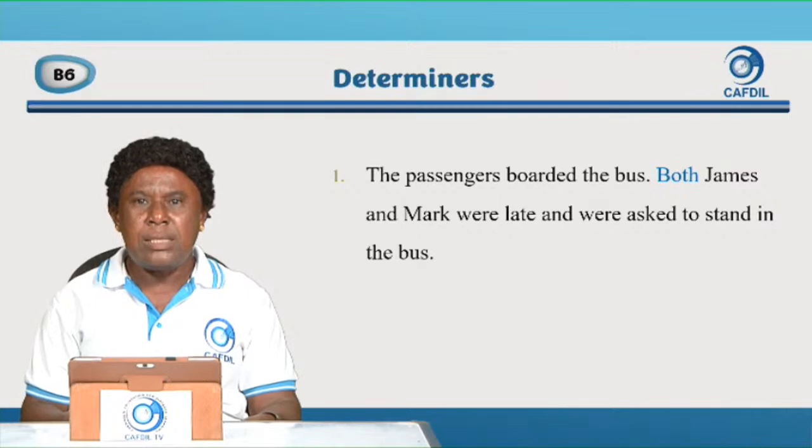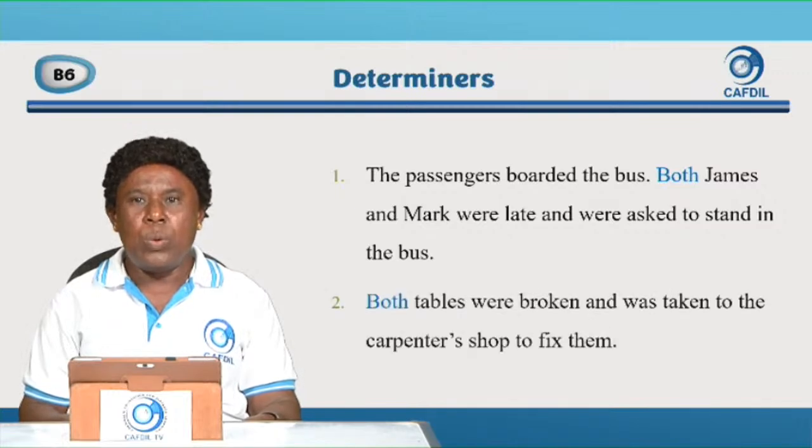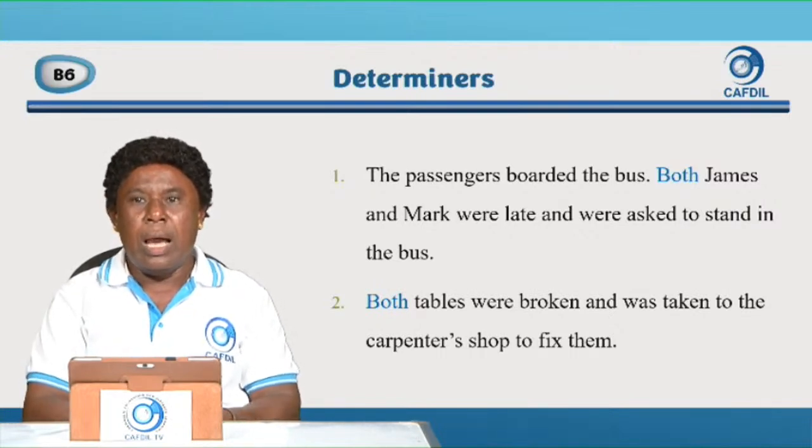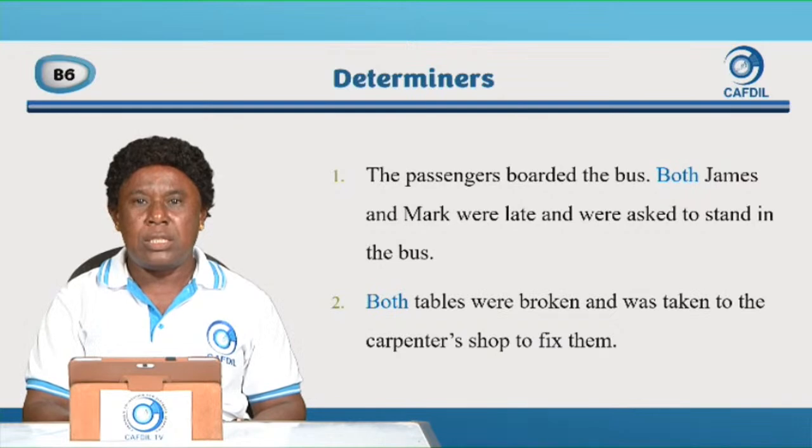The passengers boarded the bus. Both James and Mark were late and were asked to stand in the bus. There were many passengers, but only James and Mark were late, and therefore they were asked to stand in the bus.